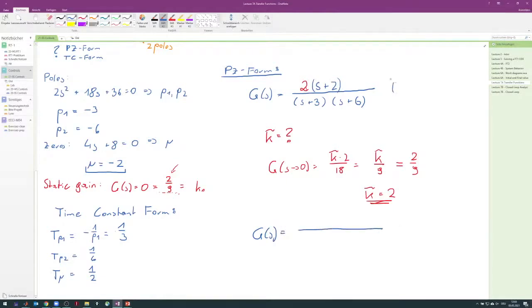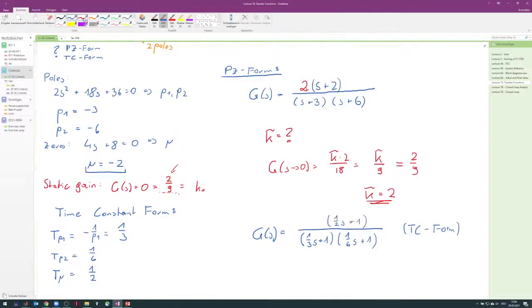Okay? So, g of s now in time constant form. Let's write it here. Try to write it a little bit nicer. So we've got 1 over 3 s plus 1 times 1 over 6 s plus 1, and we have 1 over 2 s plus 1.